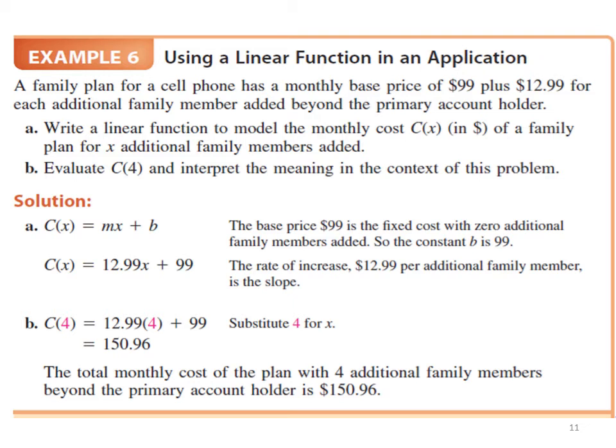Now M times X, M here must be equal to 12.99. For each additional family member, you pay 12.99. If you multiply 12.99 by X, it will tell you how much extra money you have to pay. So you have the base price, which is 99, plus for each additional family member you are paying 12.99.